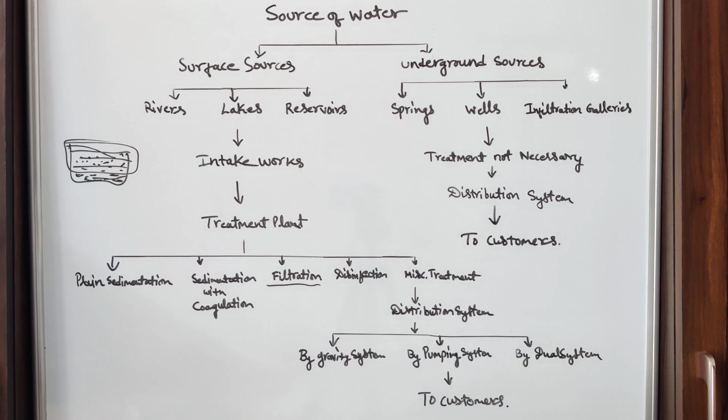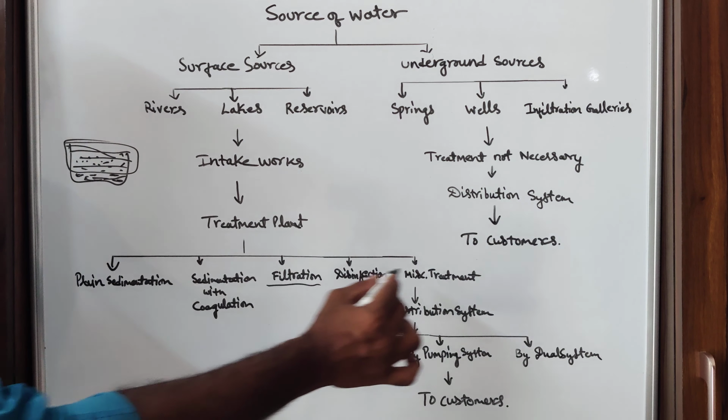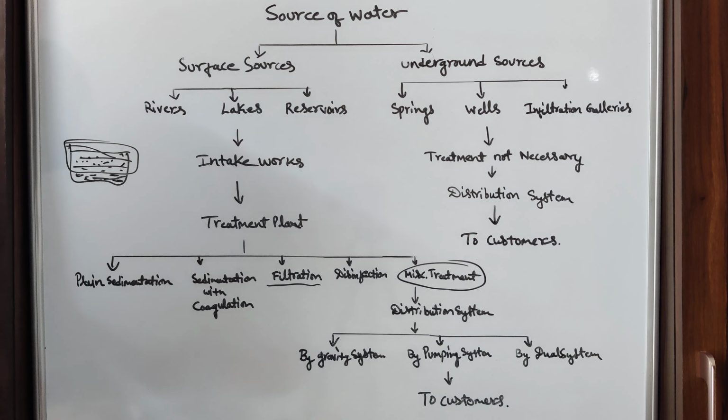Next comes disinfection and miscellaneous treatment. In the surface source water, there will be some dissolved solids and gases, and due to this there will be taste and odor. This is removed in miscellaneous treatment.